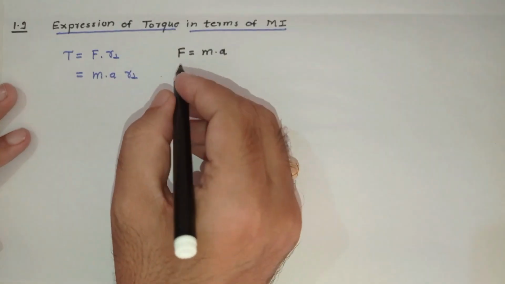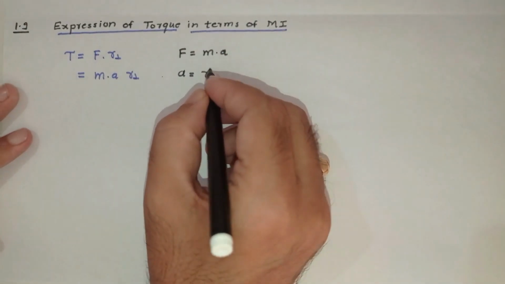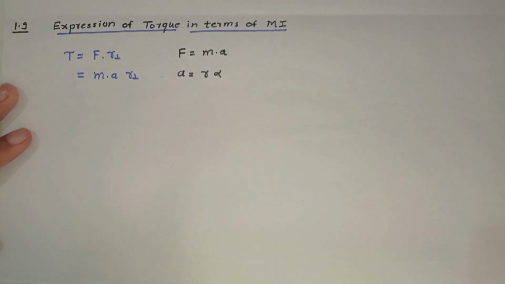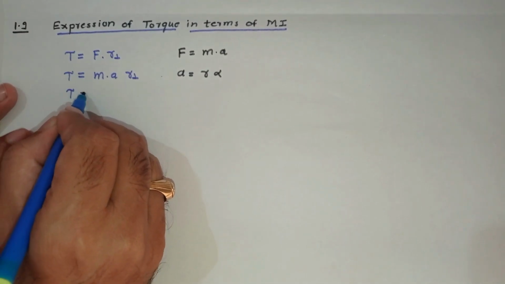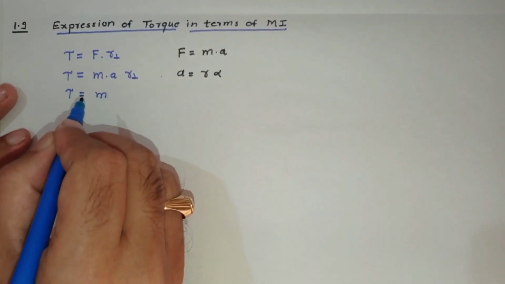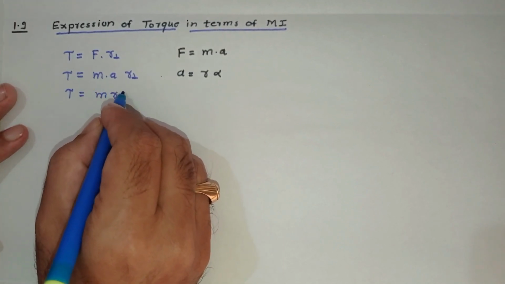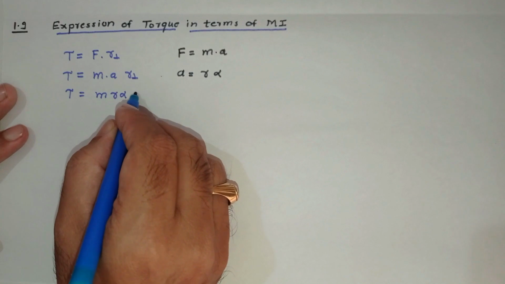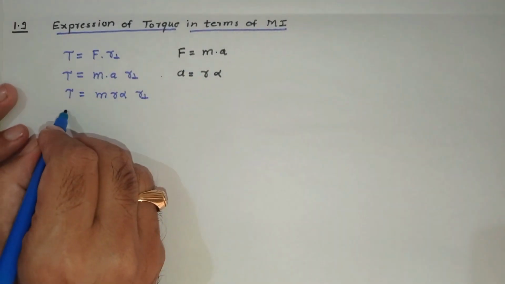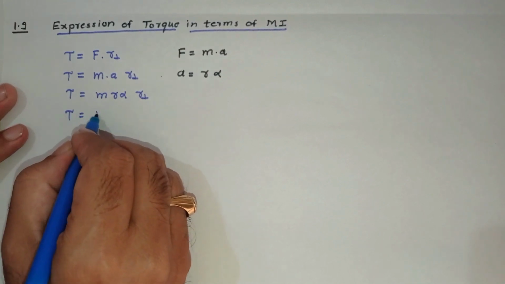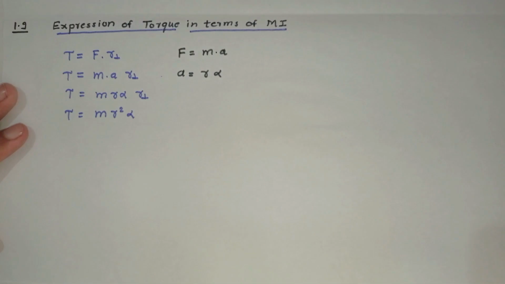We know that linear acceleration is equal to r into angular acceleration. So torque is equal to mass into r alpha, and again the perpendicular radius. So torque equals m into r square alpha.